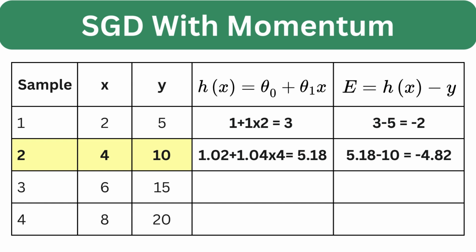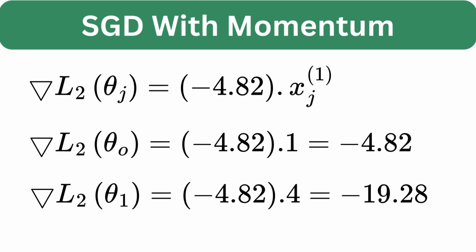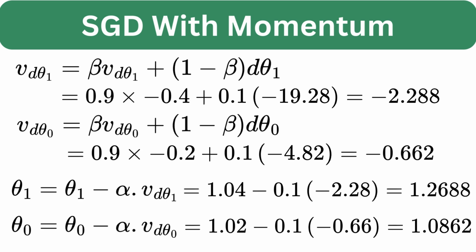Then we calculate the error. Now similarly, as we did in the first iteration, we will compute the gradient of the loss function with respect to the weights, and we call it L2. After computing the gradients of the loss function, we will compute the new velocities. So in this equation, beta is 0.9 and the previous velocity that we computed in the last step was negative 0.4.